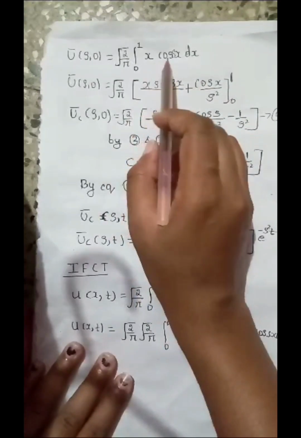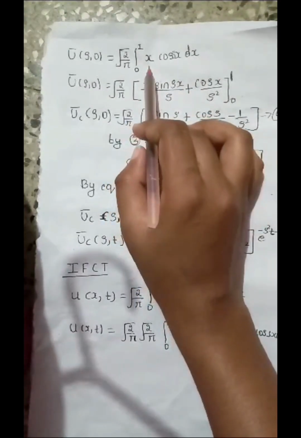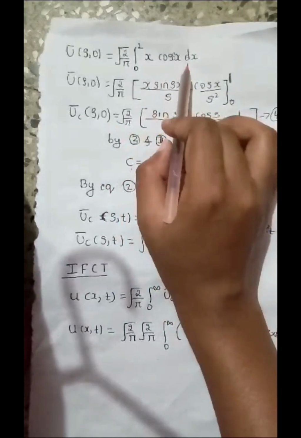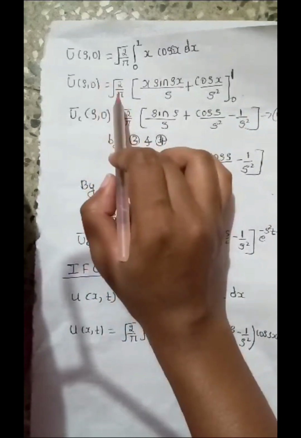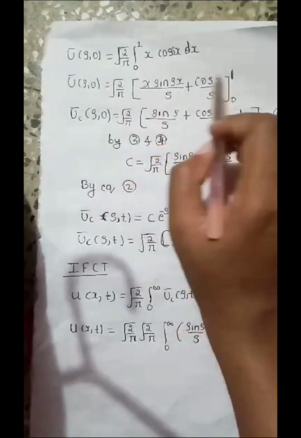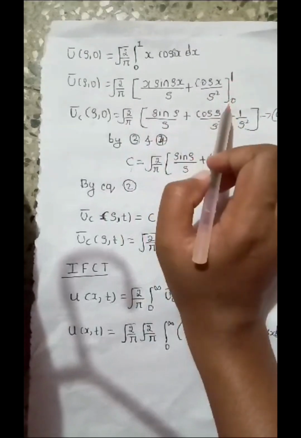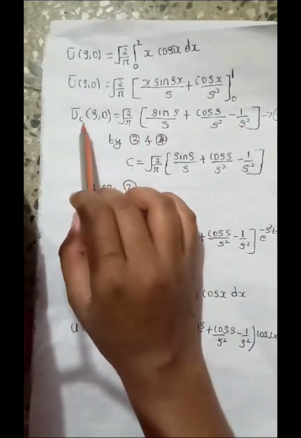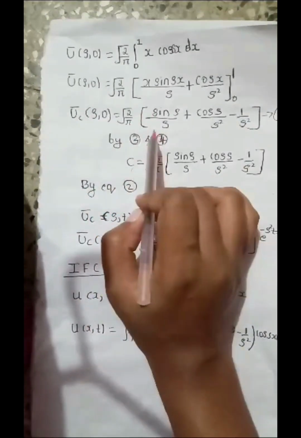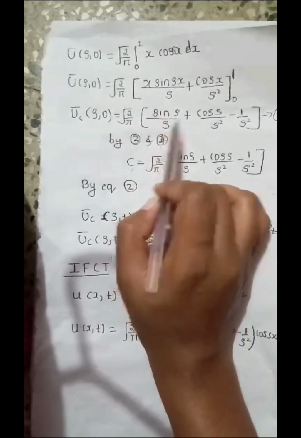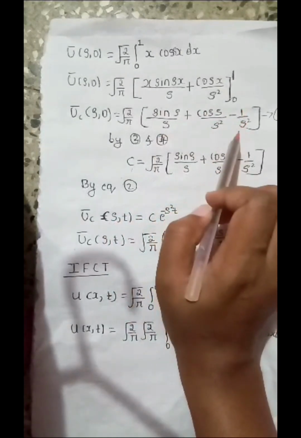Here x into cos sx is there, so we have to apply integration by parts again. After applying integration by parts and the limit from 0 to 1, ū_c(s, 0) equals square root of 2 by pi into sin s divided by s plus cos s divided by s² minus 1 divided by s².